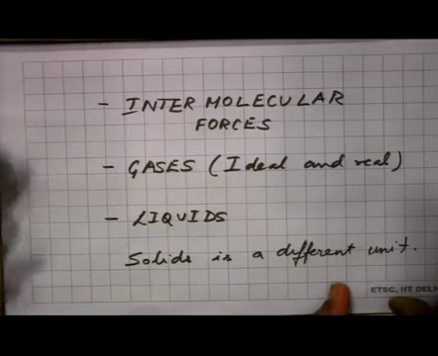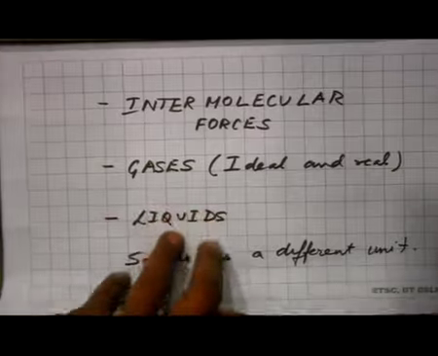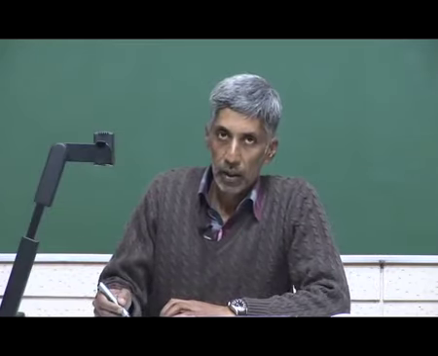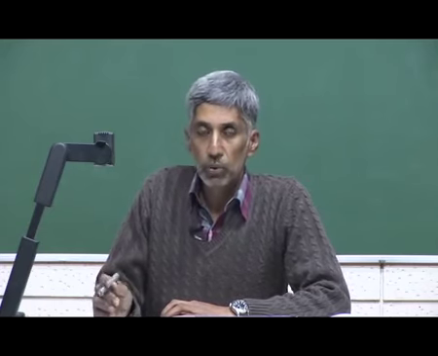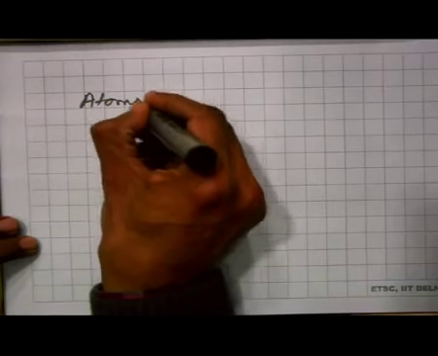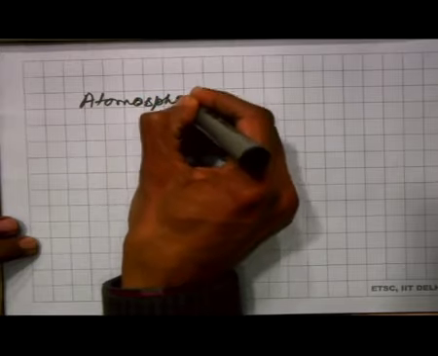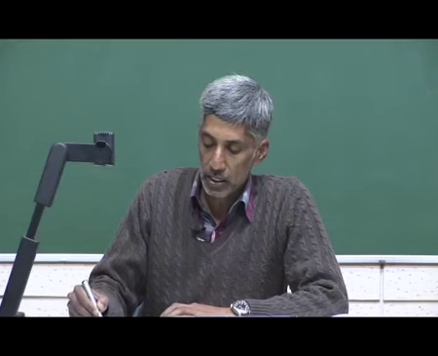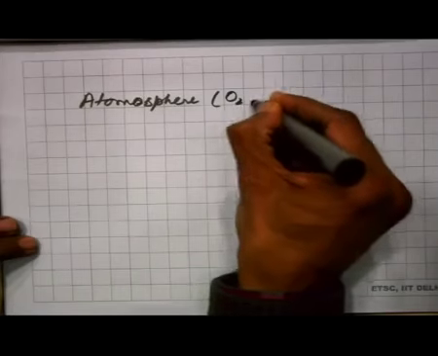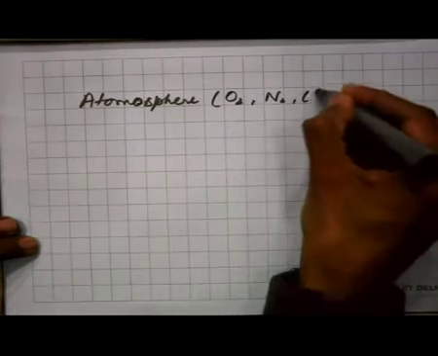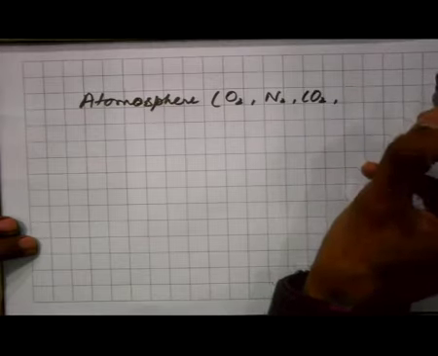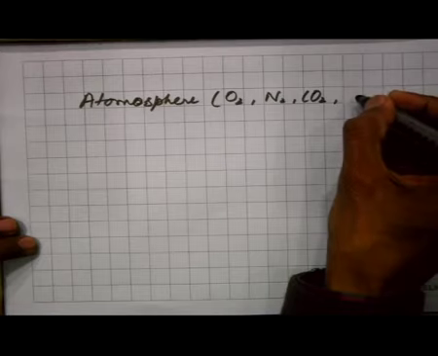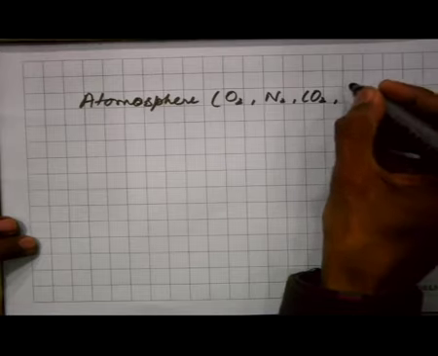We start off by looking at some things around us. If you look at things around us, what do we see? The first thing that we see is that we live in a blanket of the atmosphere. The atmosphere is composed of gases, that is oxygen, nitrogen, carbon dioxide, and if you happen to live in Delhi like I do, then lots of other things which we will not concern ourselves with.